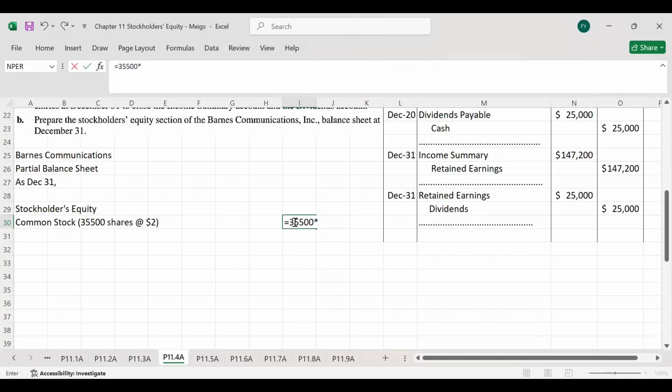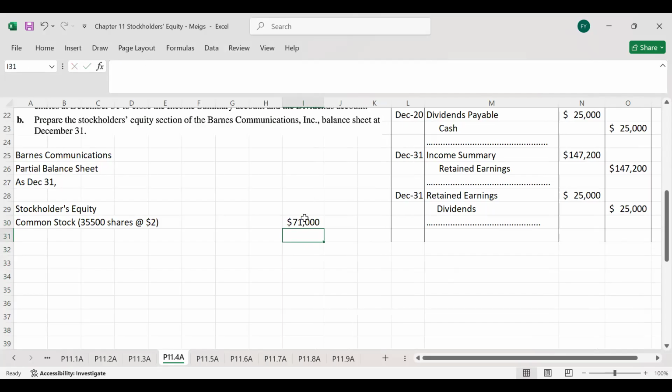You can see the calculation. 35,500 multiplied by 2, so 71,000. In this case, we have $71,000 total amount of common stock. So from this 71,000, we calculated this 35,500 number of shares by dividing 71,000 by $2. Then we have 10% preferred stock, and this preferred stock is basically cumulative preferred stock.